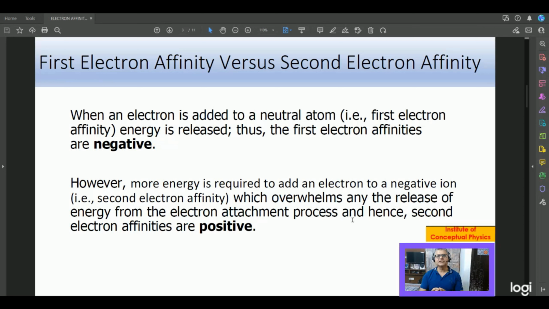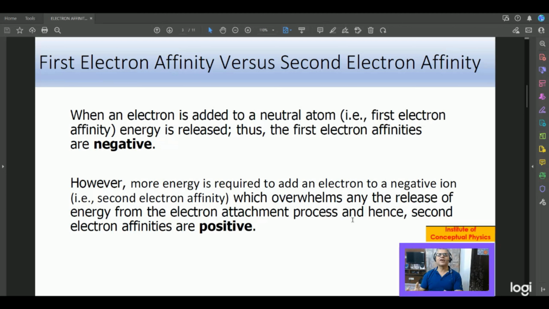Which means the anion will repel the electron which is coming in. The second electron wants to come, but now the anion, which is negatively charged because of the first electron, will repel it. This means you will have to provide energy to force this electron onto this anion and give it a second electron.